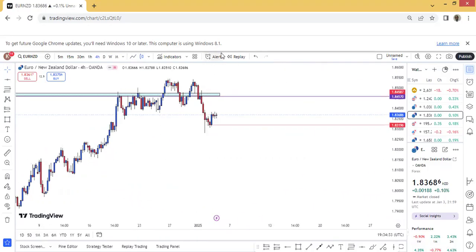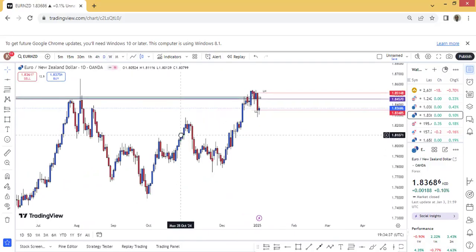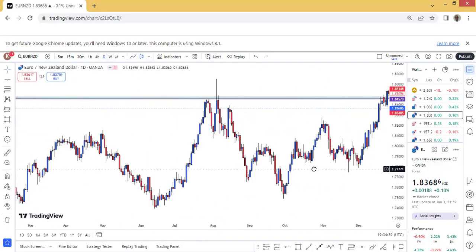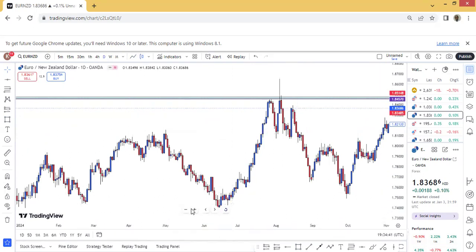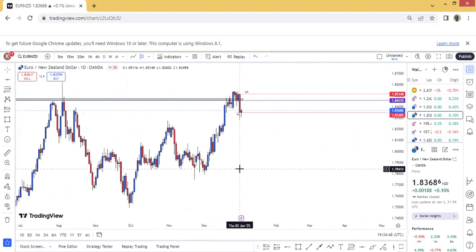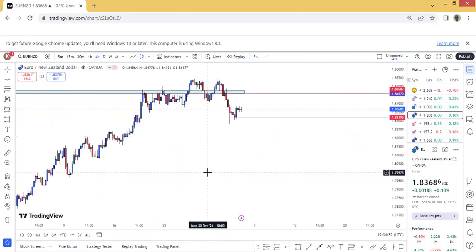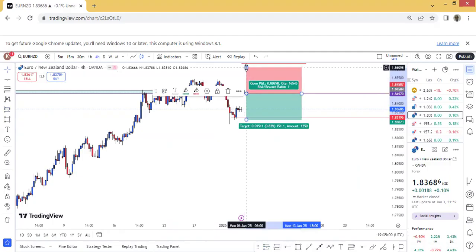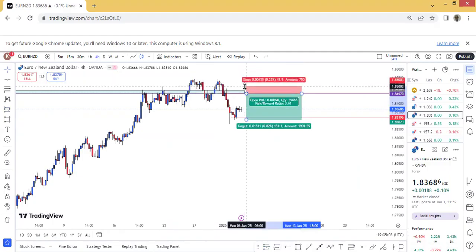So I'll wait for price to come here, and then perfect. When you look at it on the daily, you realize that key level 2 is better. Price has reacted beautifully on that level than on the first one. So we will take our short 2 and then work on it.